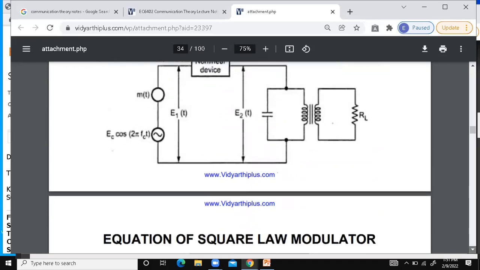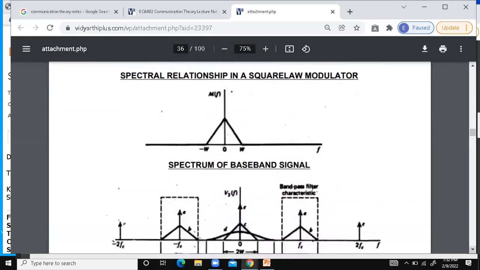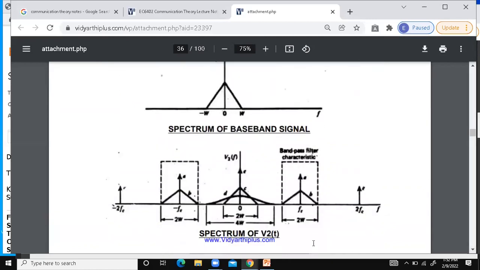So here we have the frequency of your information, the m(t), now converted to M(f). With me so far? Yes, sir.